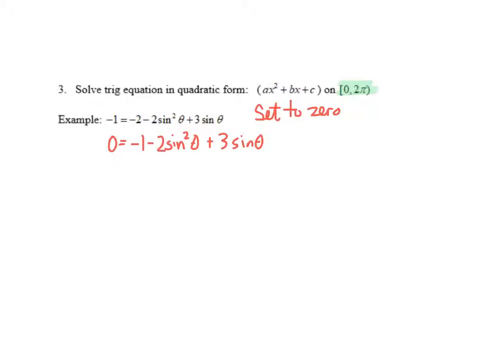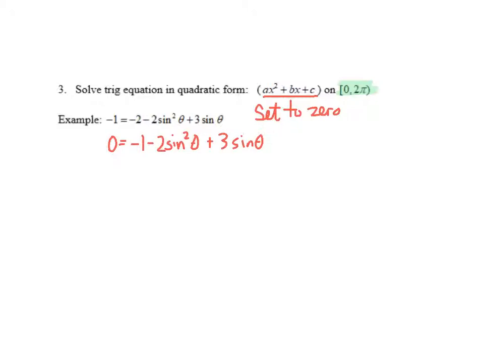This is a quadratic example, and you'll notice that we're used to seeing ax squared plus bx plus c, but now, because we're in trigonometry, we don't have x's, we have sines.